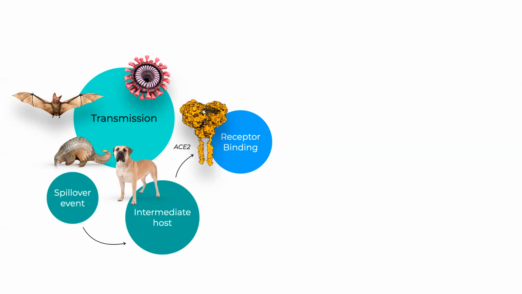And so in that evolutionary competition situation, a lot of novel mutations, a lot of recombination can happen. So having an intermediate host that begins transmitting viruses repeatedly is a big concern.